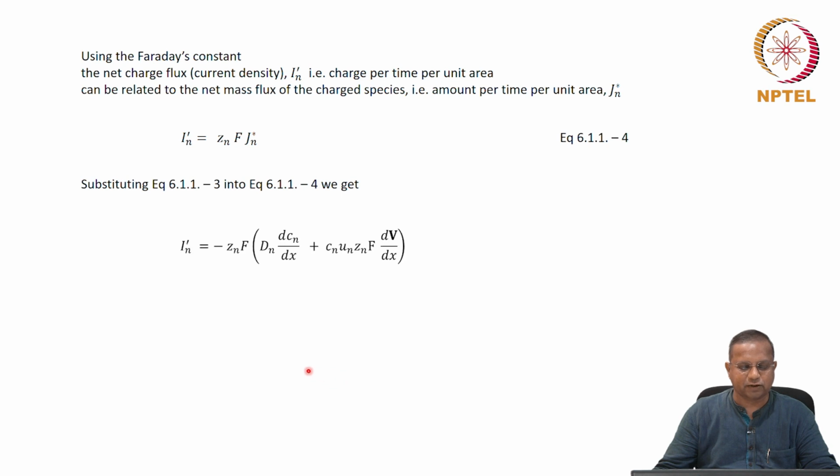If we do that, then In dash, the charge flux, is nothing but, there was a minus there already in the previous expression 6.1.1-3, and therefore you get minus Zn F remains the same. For Jn star we substitute the minus Dn dCn/dx plus Cn Un Zn F dV/dx. This is 6.1.1-5.